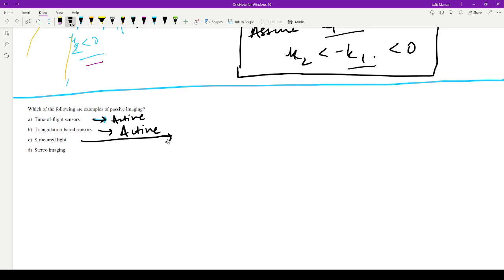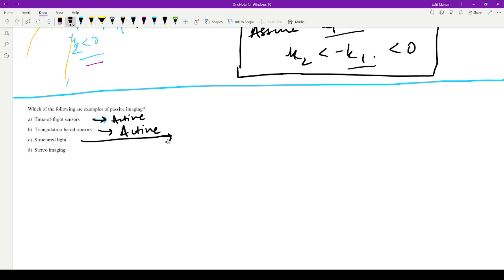Structured light, what do you do in structured light? We throw a random dot pattern, right? And based on the local area, that random dot pattern is unique. Yes, sir.